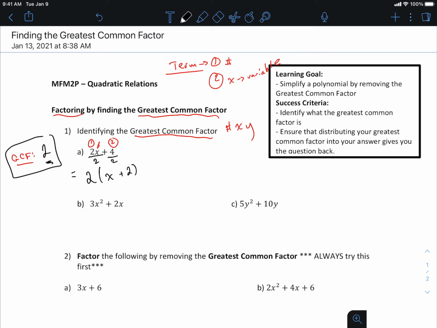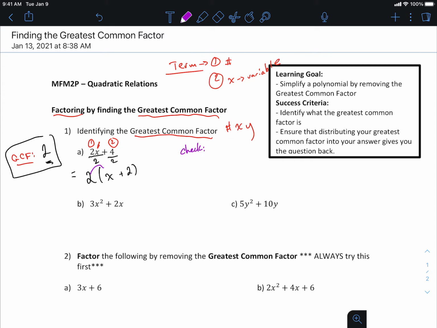Now, the reason I know that I'm correct here, if you remember doing this from before the break, is this is kind of your check. Are we right or wrong?